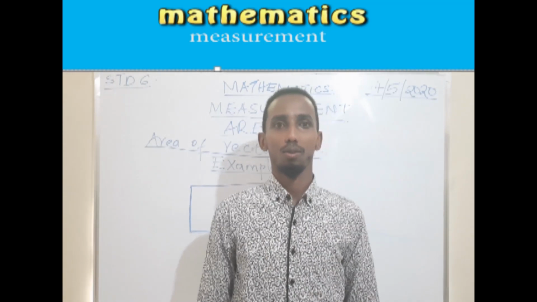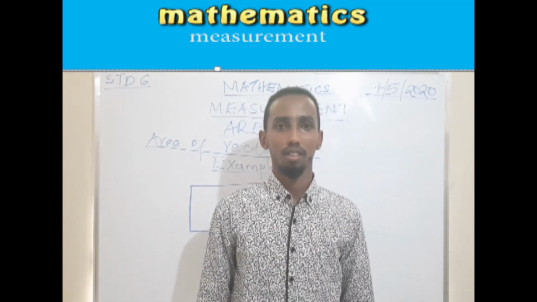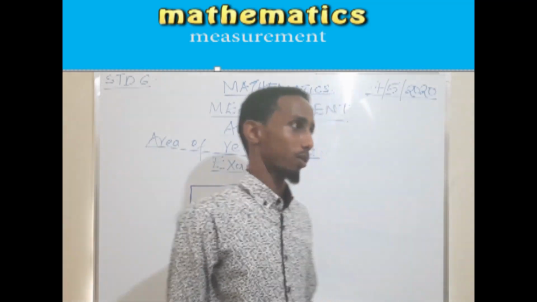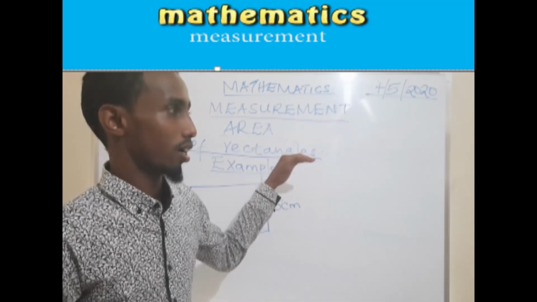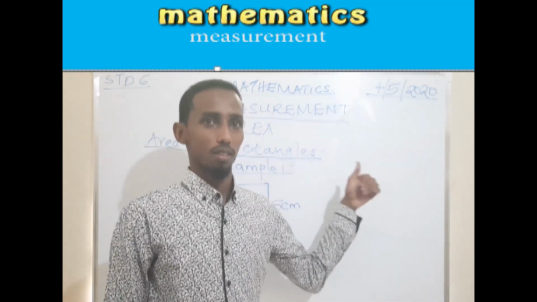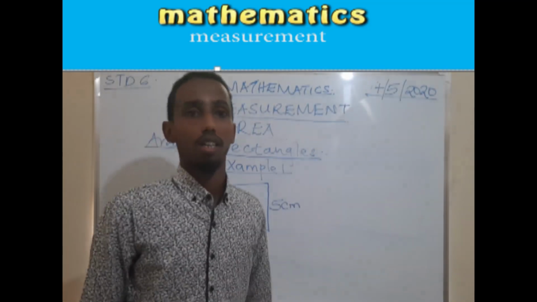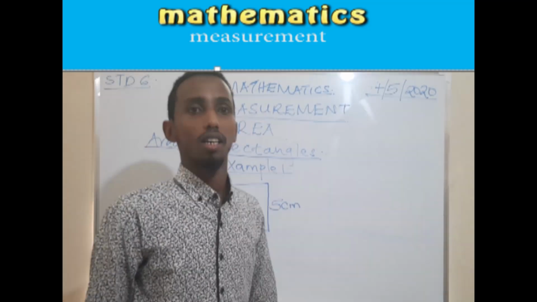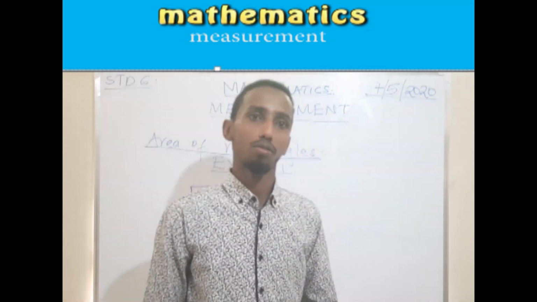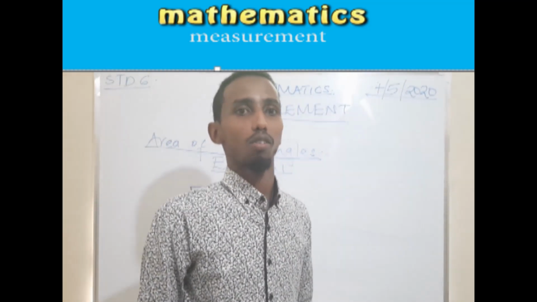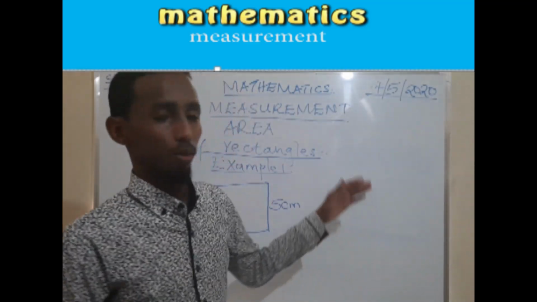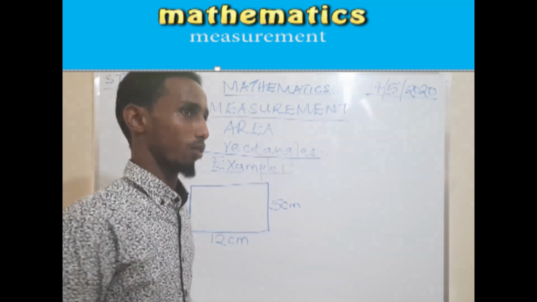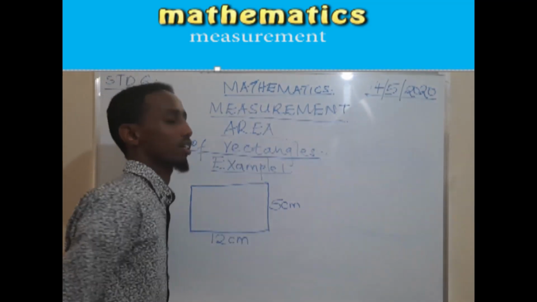I want to take you through a mathematical lesson today, and our topic today is measurement. Remember, we have done some other subtopics in this topic, which were the perimeter. We learned how to find the perimeter of irregular and regular shapes, and we proceed to the next subtopic, which is area.